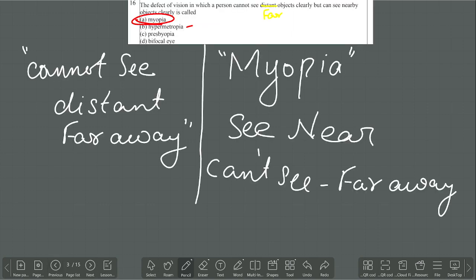Sorry. Continuous surface. Huh? Distant. Distant means it represents a faraway object. Distinct.